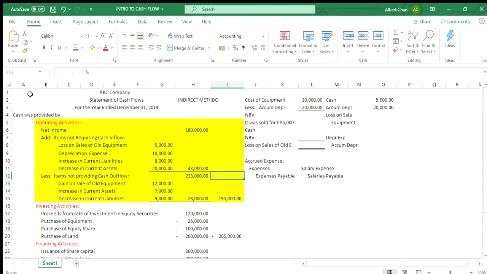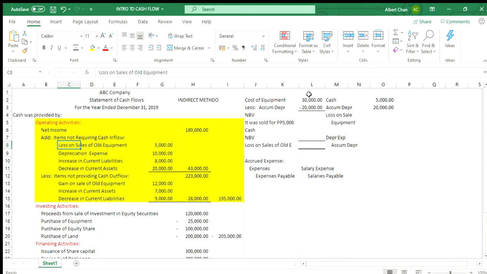Now, in operating activities, we start with net income and add items not requiring cash inflow. Meaning, these are items that affect your net income, but there was no actual cash inflow or cash receipt, no? An example is loss on sale of an equipment.